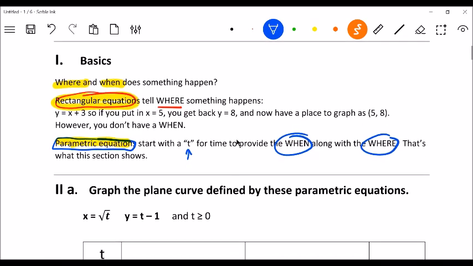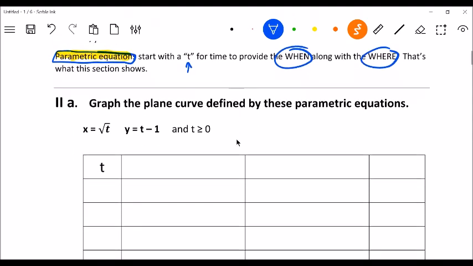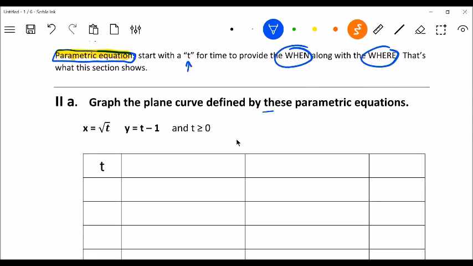So let's take a look first at graphing a plane curve defined by these parametric equations. They're parametric equations because they use a T for time in them. And here's how we're going to do it. I already set this T up in the first column. We're going to put these equations in here. So this one is x equals square root of t.